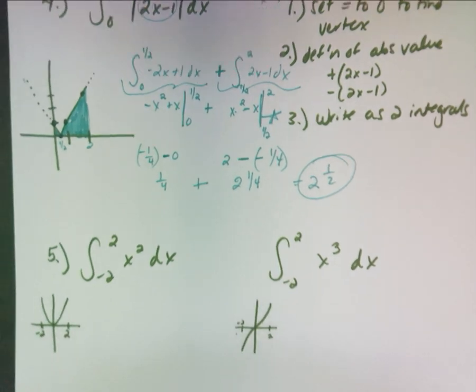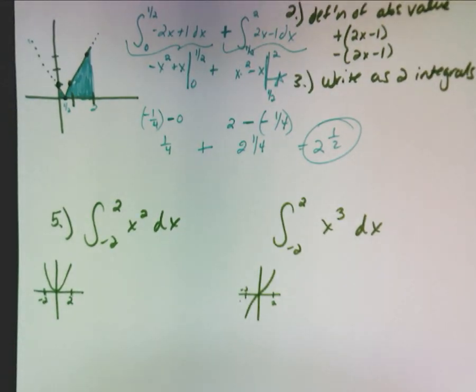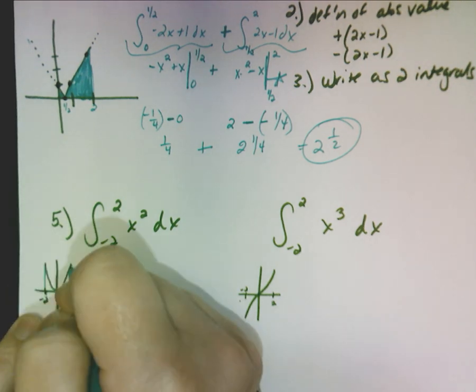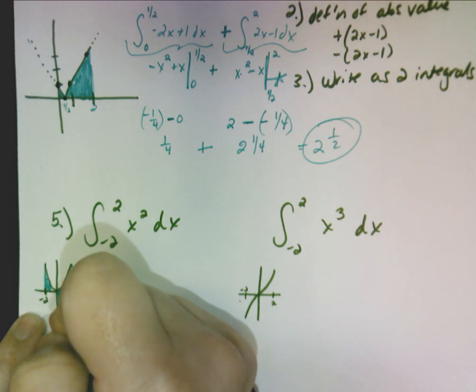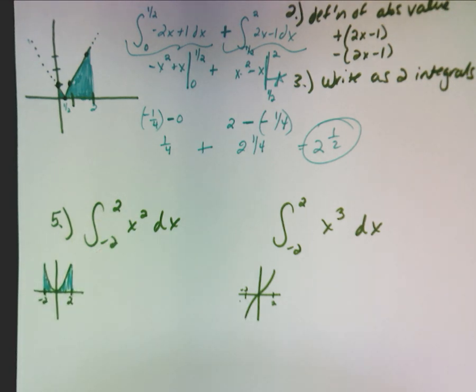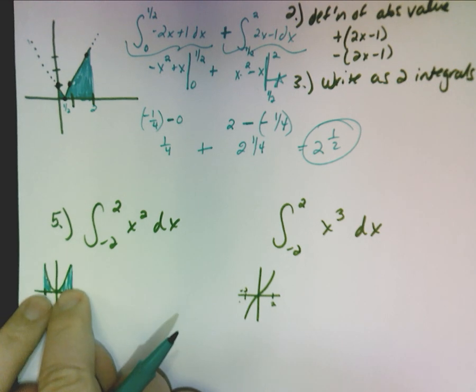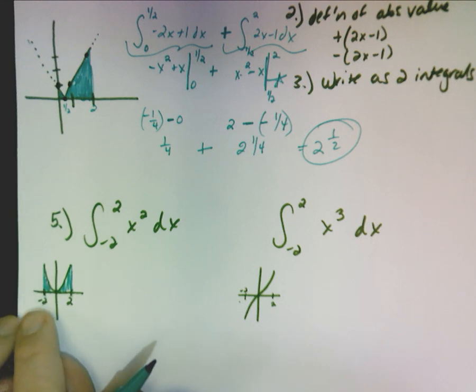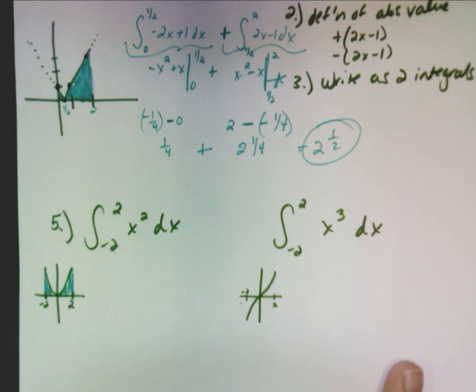All right, last two things, which you probably might remember from when we did the properties of integrals. If you got x squared dx, remember it's a parabola, and you're going from negative 2 to 2. Anybody remember or want to remember what's going to happen there? Yeah, this area, isn't that going to be the same as this area? Okay, you could actually write this into two separate integrals, but it's just unnecessary.